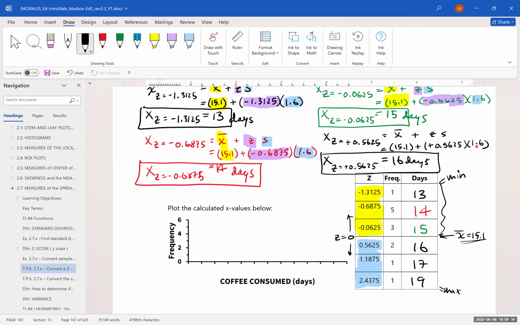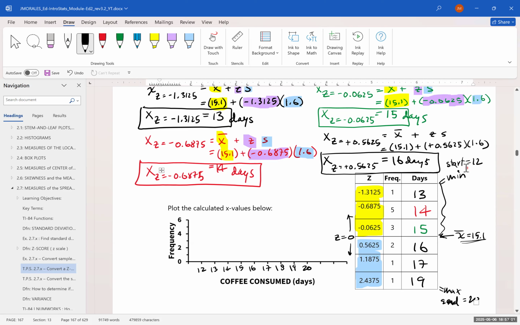So let's maybe start our axis at 12 and then we'll end it at 20, if we can do that. So let's start here at 12, 13, 14, 15, 16, 17, 18, 19, 20. Okay, so I think we'll be okay if we stop there.